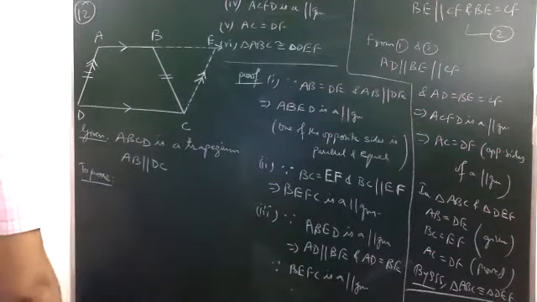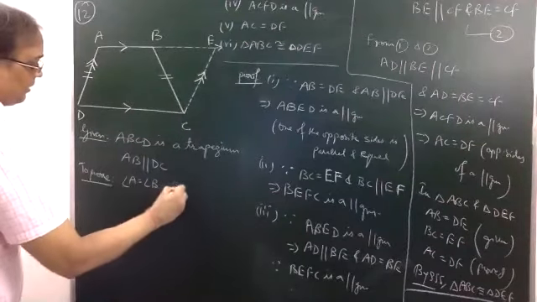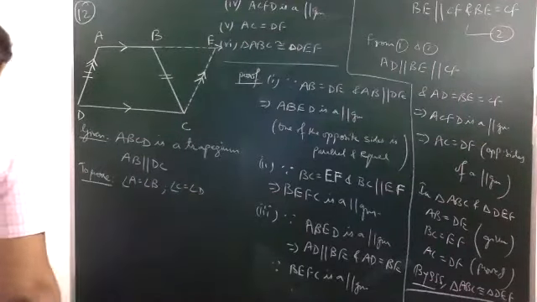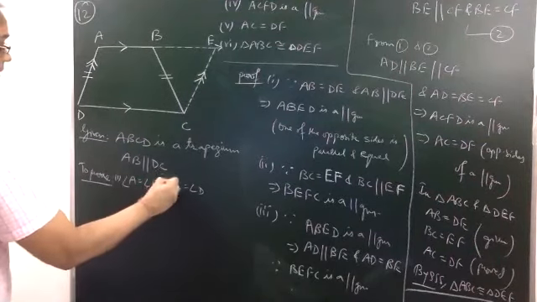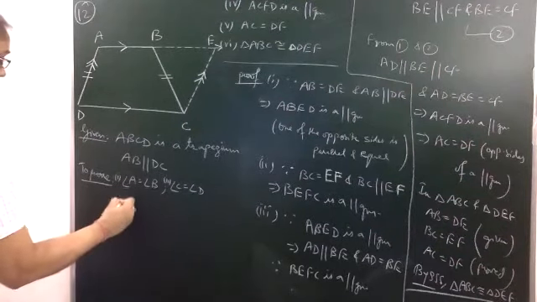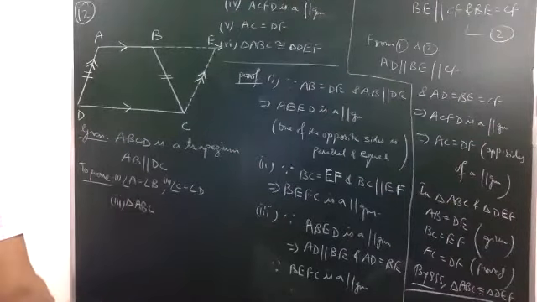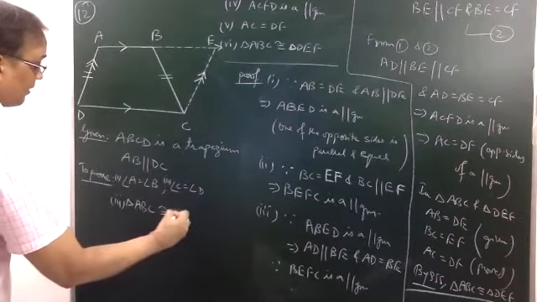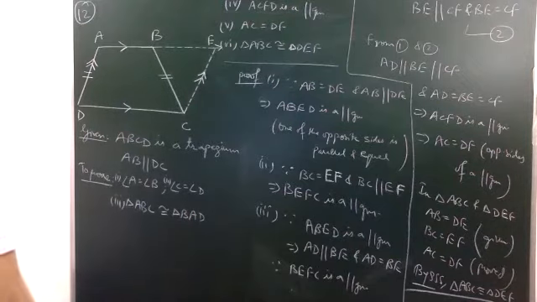To prove, angle A is equal to angle B, angle C is equal to angle D. The first part, second part, third part is triangle ABC is congruent to triangle BAD. And then diagonal AC is equal to BD.